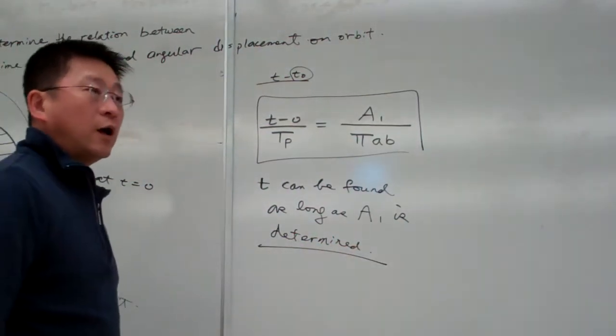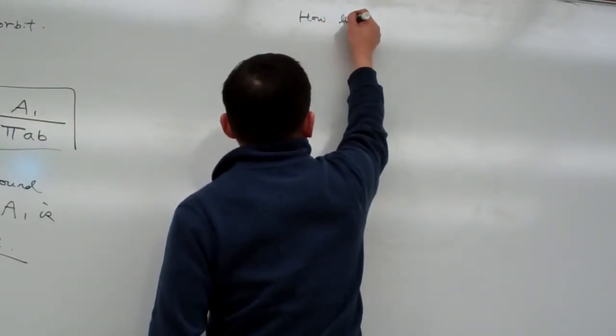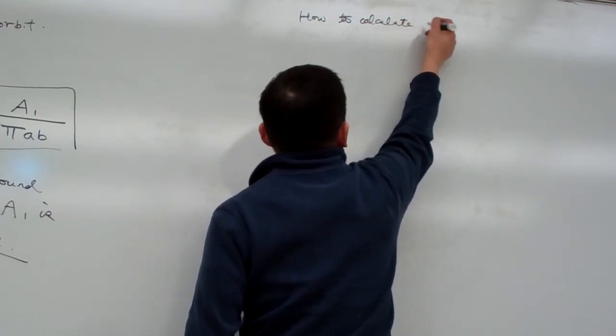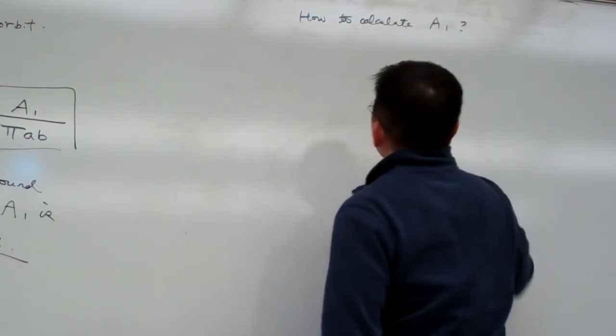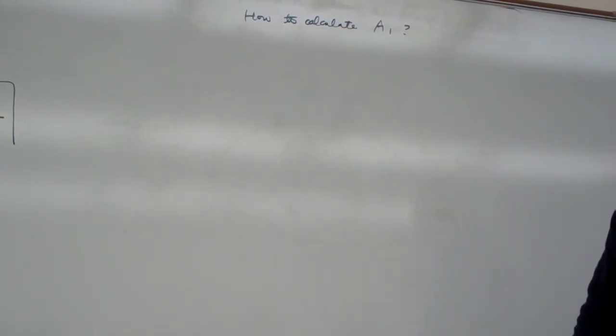Okay, so right now, how do we determine A1? A1 is the area being swept by the object on the orbit.